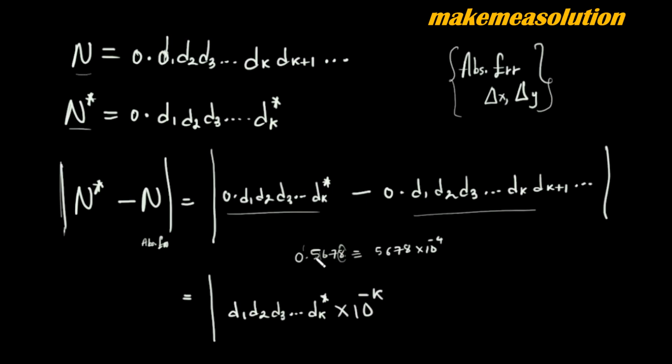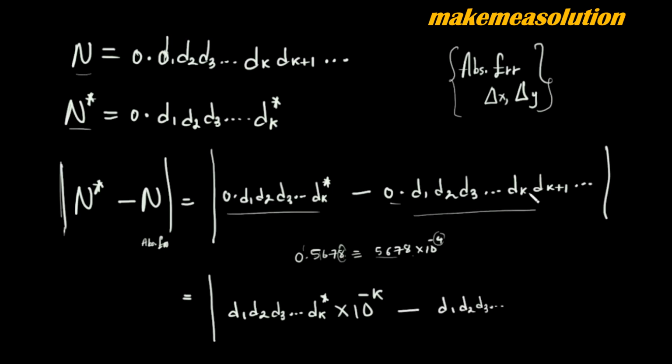Remember when we had 1 2 3 4, we are interested in 8, and 8 is the fourth decimal place. So when we converted it to this form, it's going to be times 10 raised to the power of 4, corresponding to the number of decimal places that you moved the decimal point. The same thing will apply to this number over here. Only that we'll have d1, d2, d3 dot dot dot.